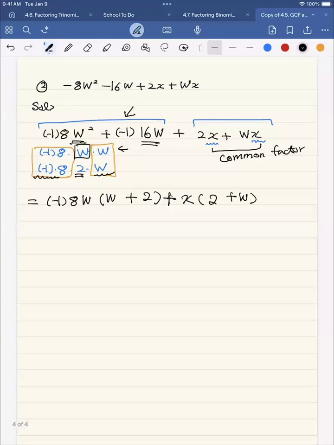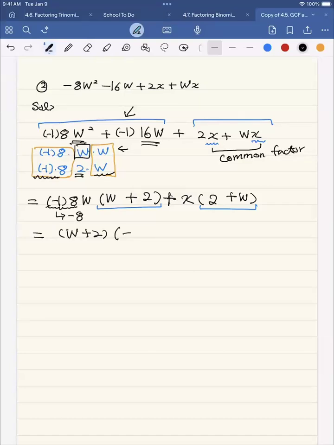Then we observe what's happening. We have two groups again, and in two groups, w plus 2 are common factors. So we take that out, then that becomes w plus 2 times negative 1 times 8, which can be written as negative 8.